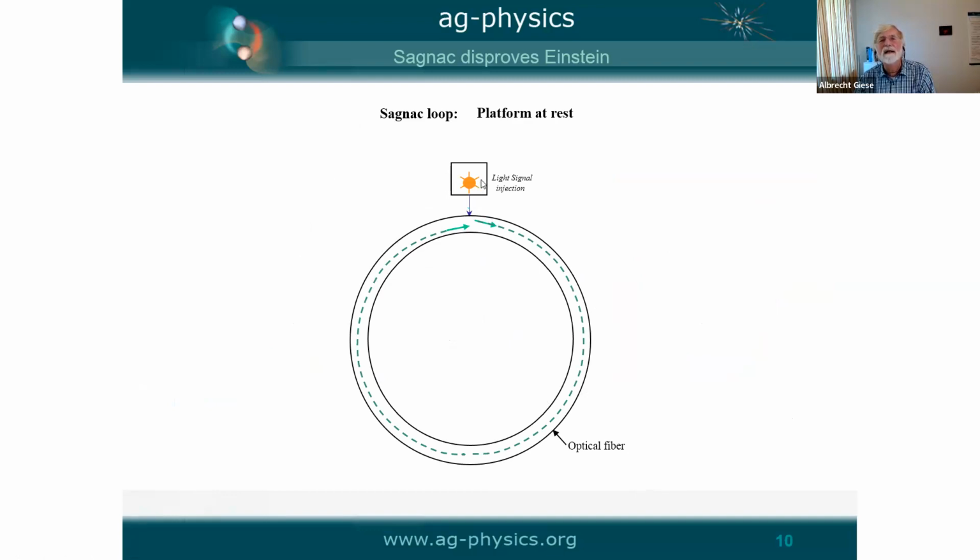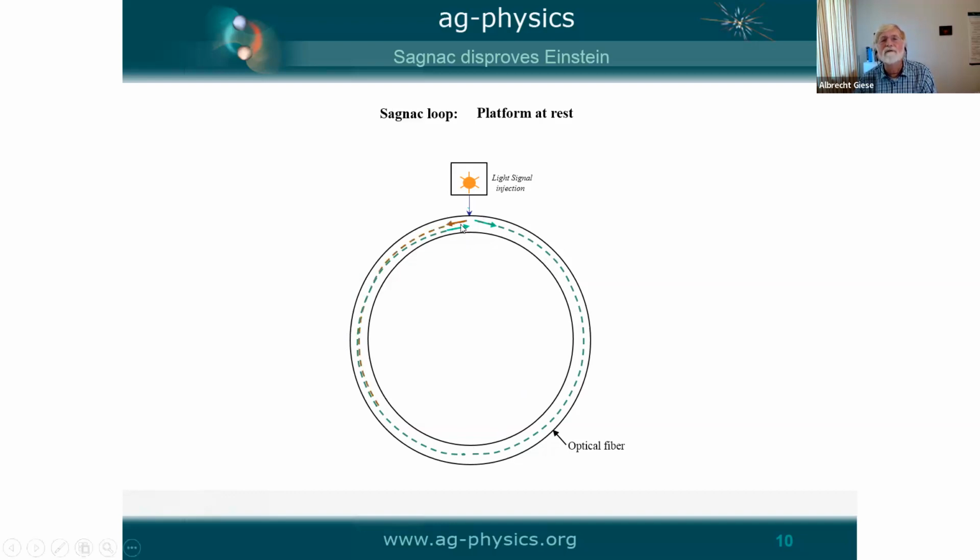There is again a light source which feeds in light. It can be a wave again, but we can also take a pulse, which is more practical because then we can measure with a clock how much time such a pulse needs. So this light pulse goes this way. I've colored it green to distinguish it from the other one around.